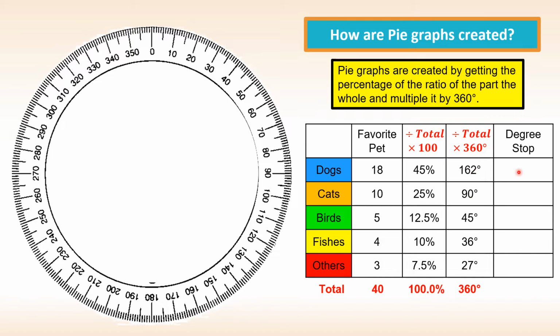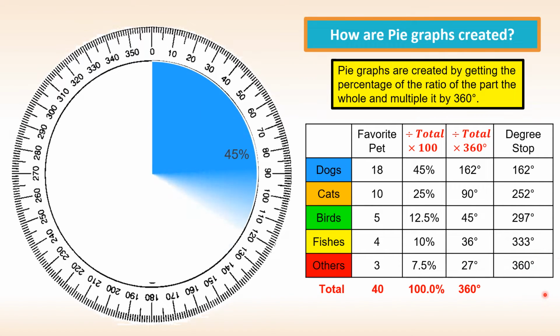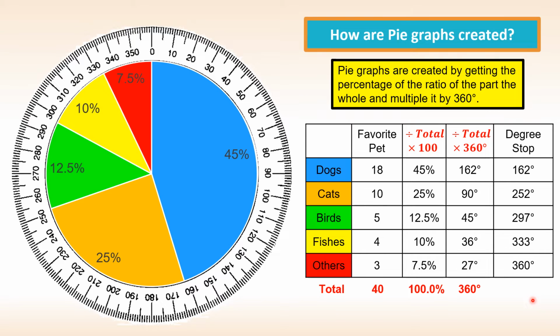Let's start with 162 degrees for the dog. 162 plus 90 gives us 252 degrees. 252 plus 45, we have 297 degrees. 297 plus 36, we have 333 degrees. And 333 plus 27 equals 360. So this is now how we create our pie graph.